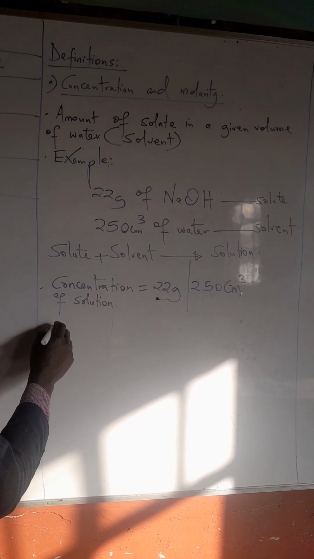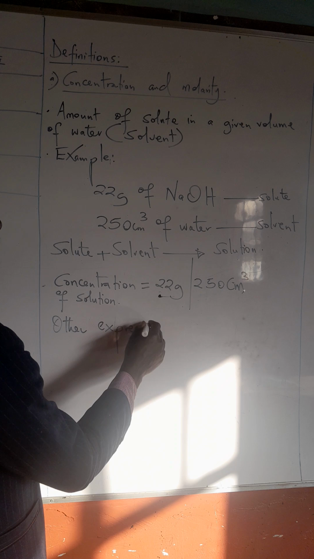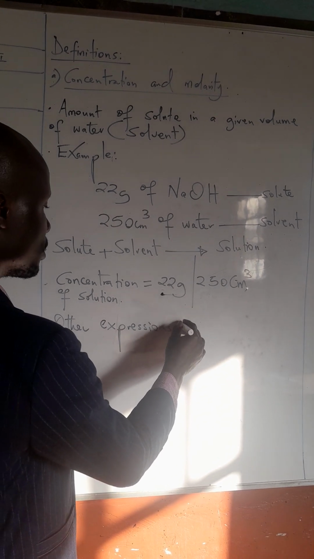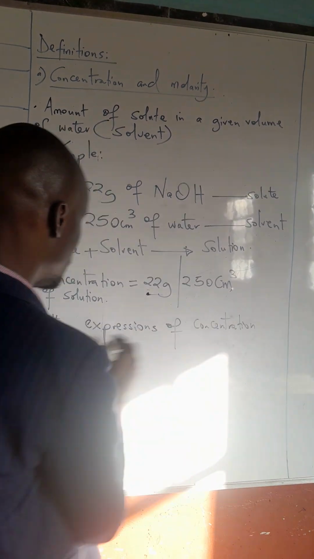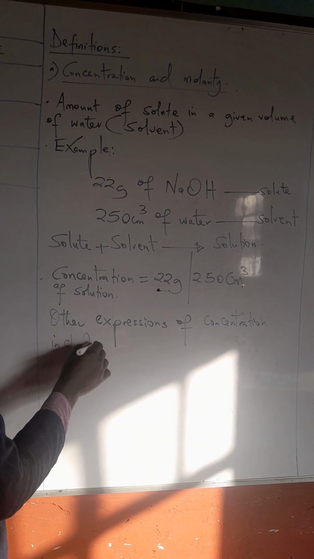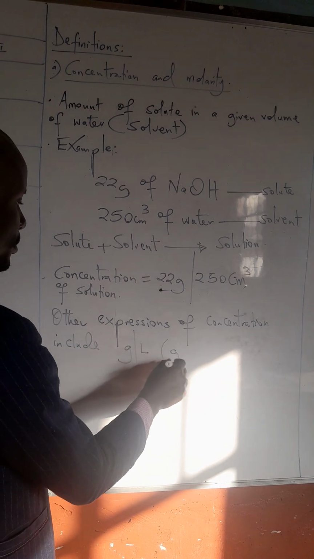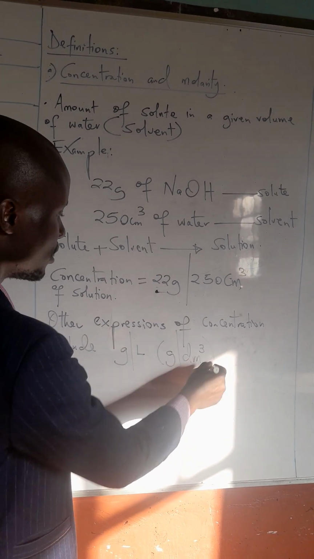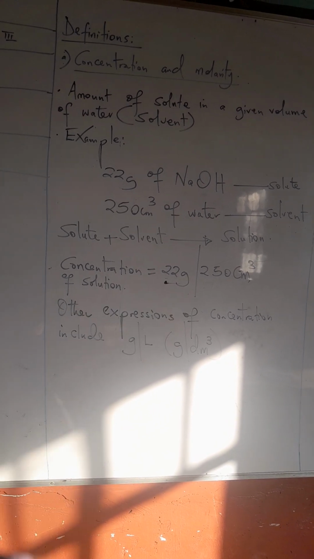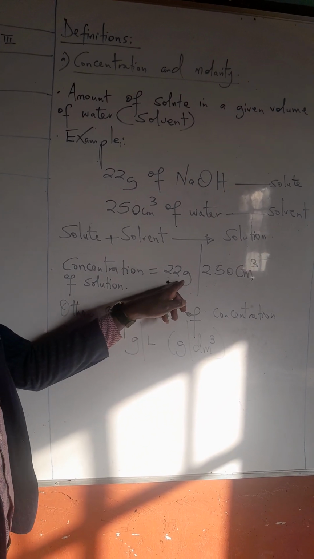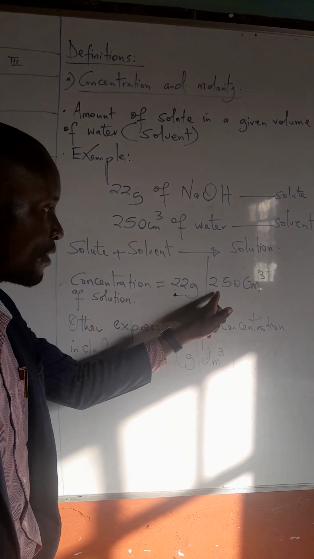So other expressions of concentration include grams per liter, or grams per cubic decimeter. That means if 22 grams of sodium hydroxide are in 250 cubic centimeters, what about 1000 cubic centimeters?